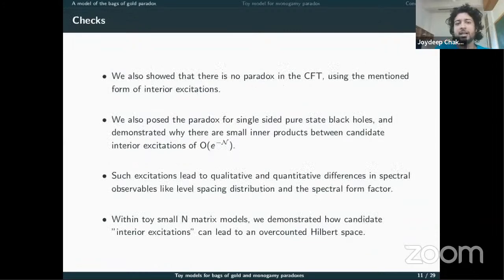So we performed some checks for this. We also showed that there is no paradox in the CFT using the form of interior excitations that we considered.